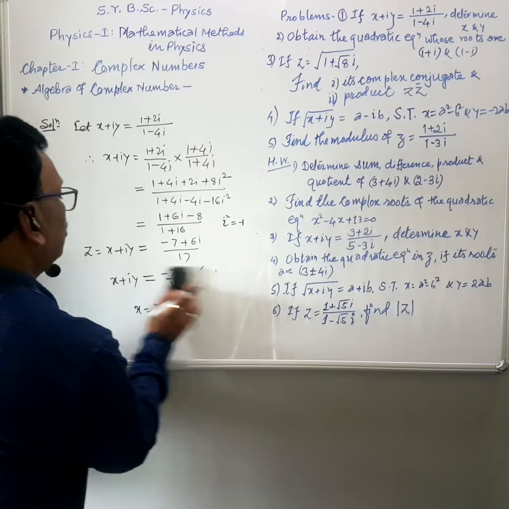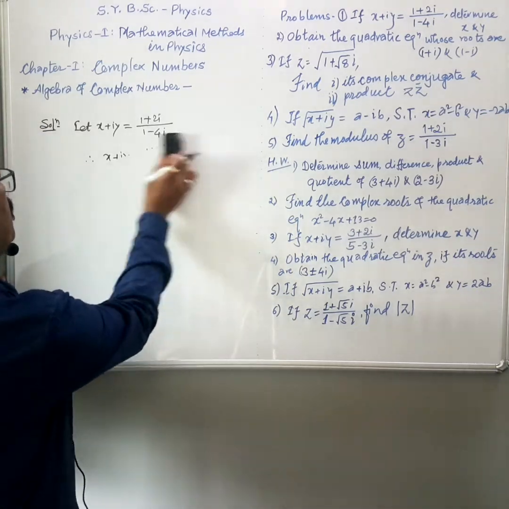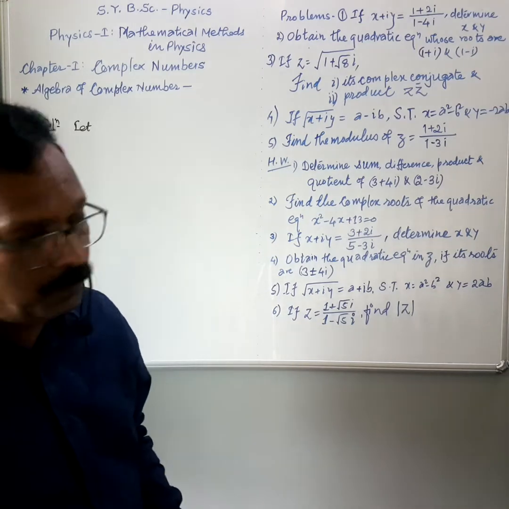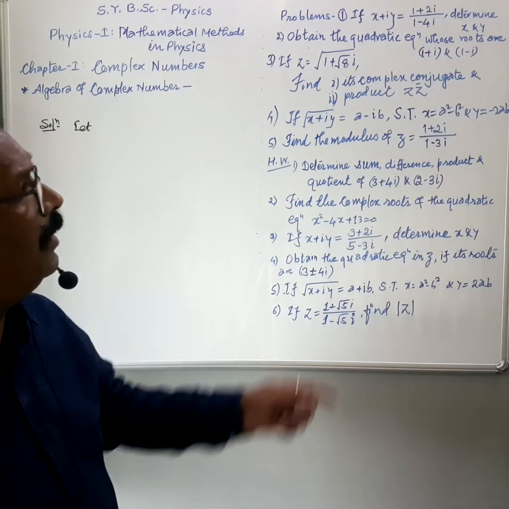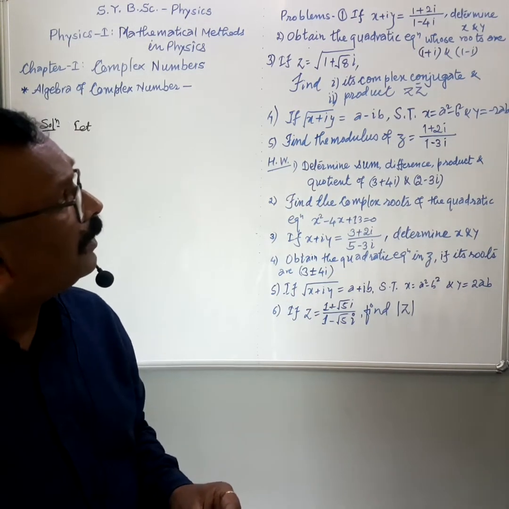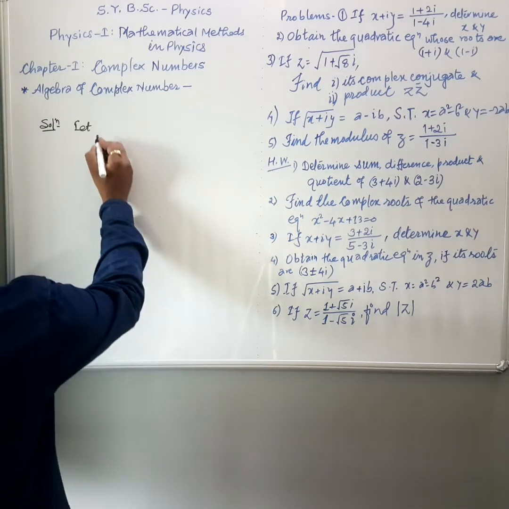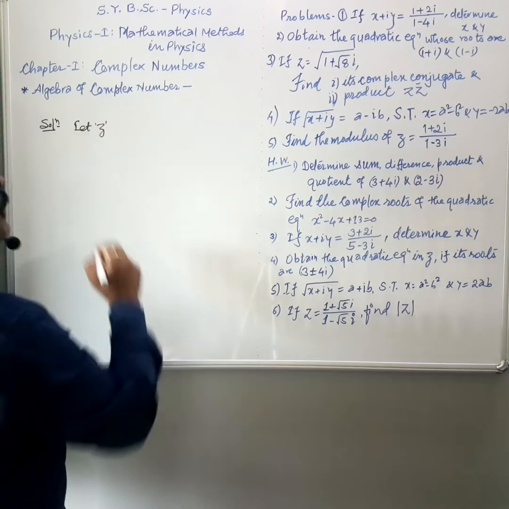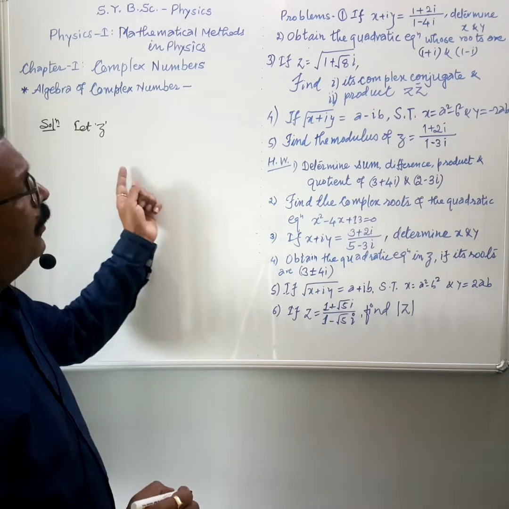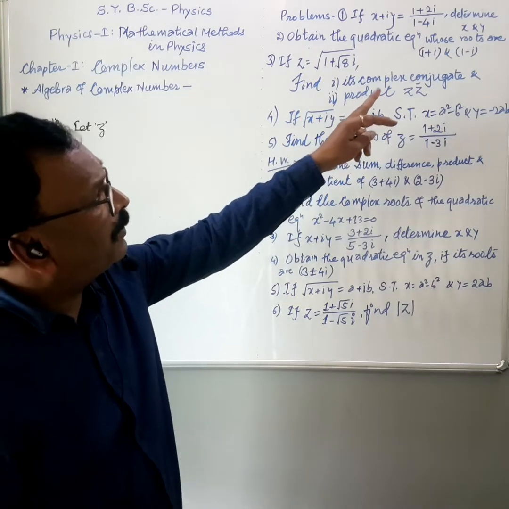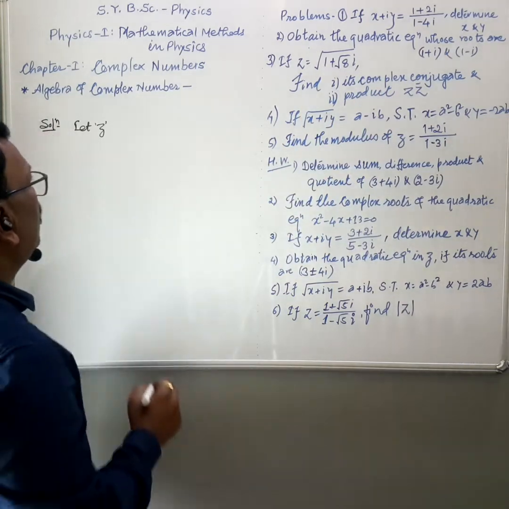Now consider the second problem. Obtain the quadratic equation whose complex roots are 1 plus i and 1 minus i. Here let z be the variable whose complex roots are 1 plus i and 1 minus i.